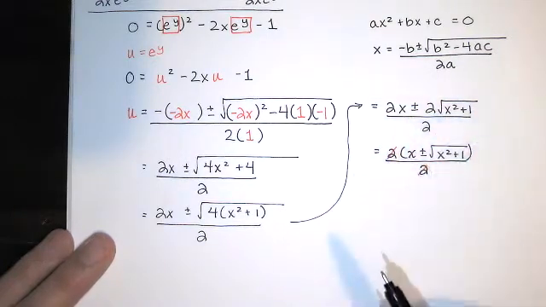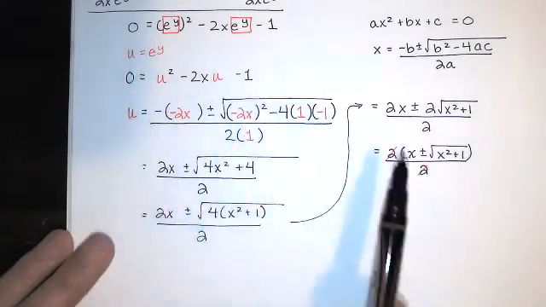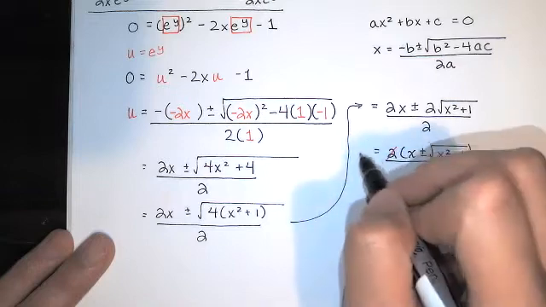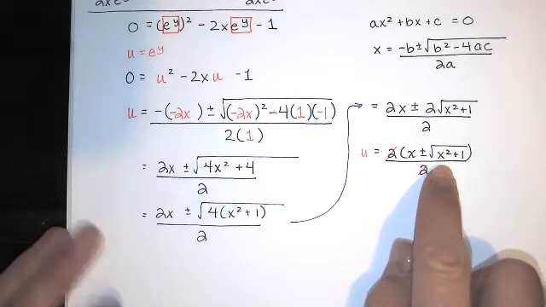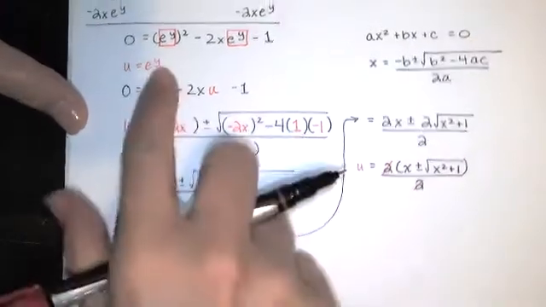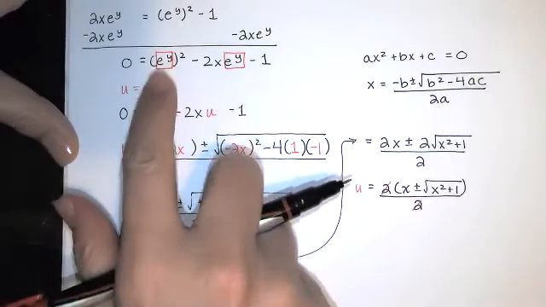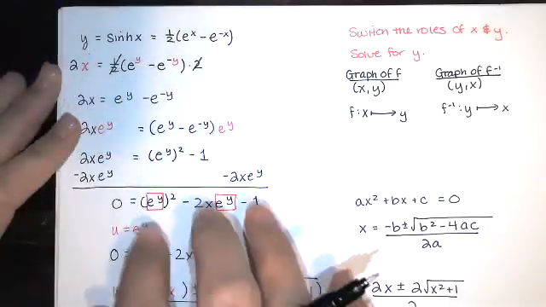And that's equal to our u. So if u satisfies this equation, then u has to be equal to x plus or minus the square root of x squared plus 1. Now remember what u was. u was actually e to the y. We're trying to get y by itself. I know it's hard to even remember what it was we were doing.